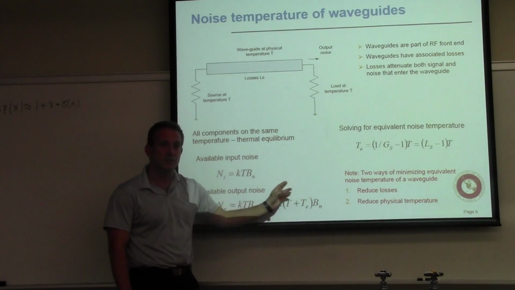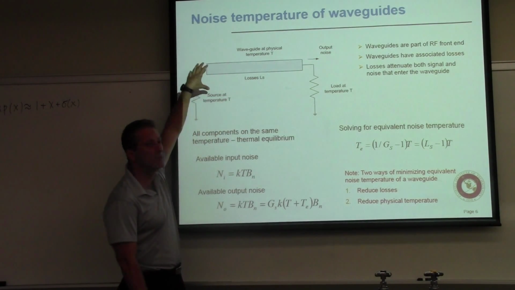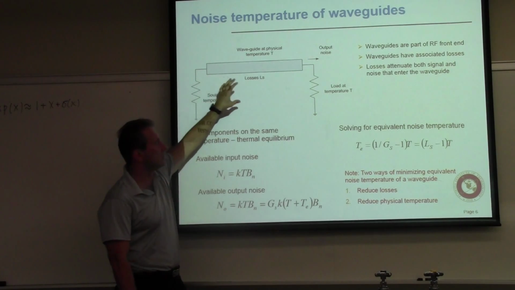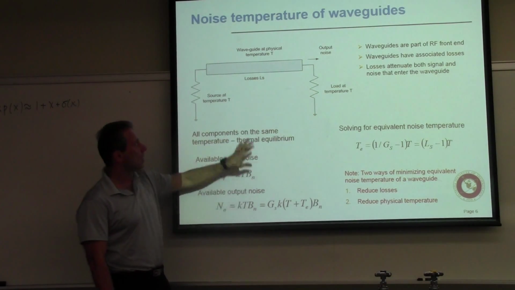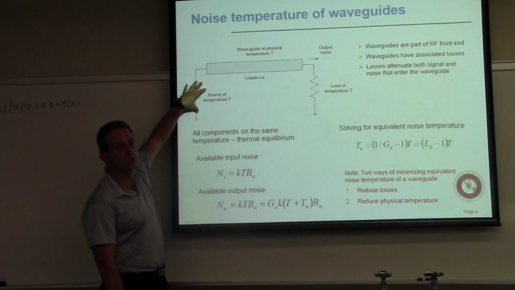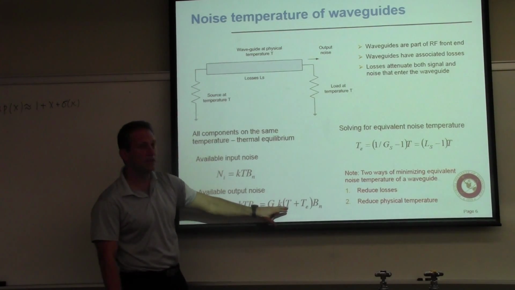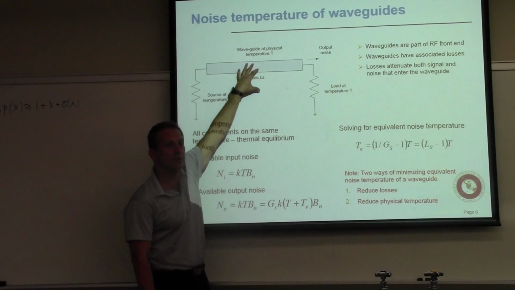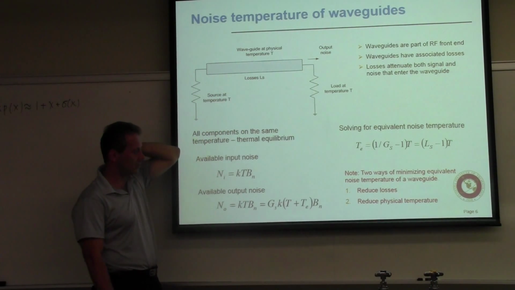This is not what happens. This is just fitting my equations. I'm assuming what the power of the equivalent source here should be so that I get the same noise at the output. Now I have two sources. One is the source at the input, which gives me GS KT, and the other is the equivalent source coming from moving the noise generated in the waveguide to the front of the waveguide.